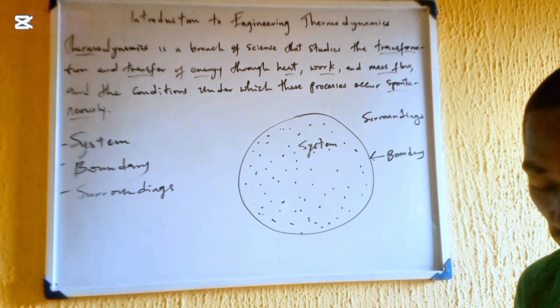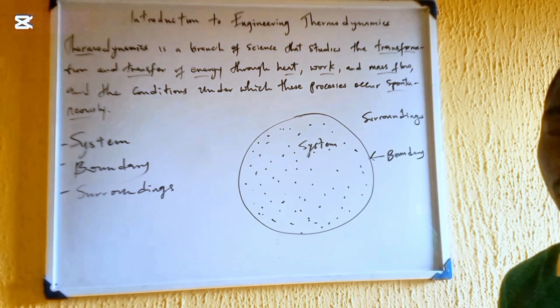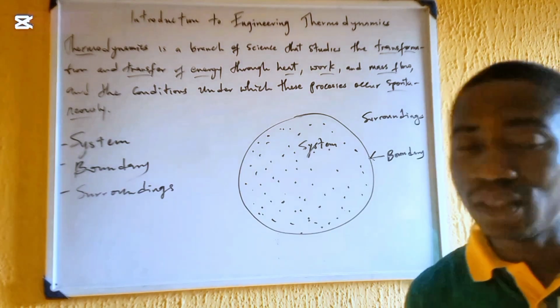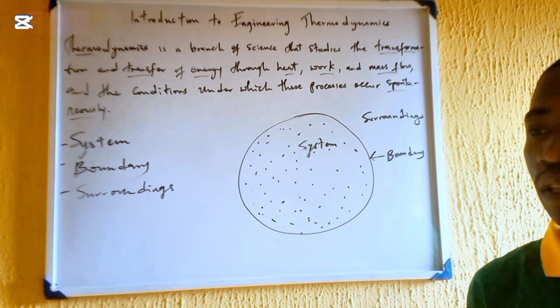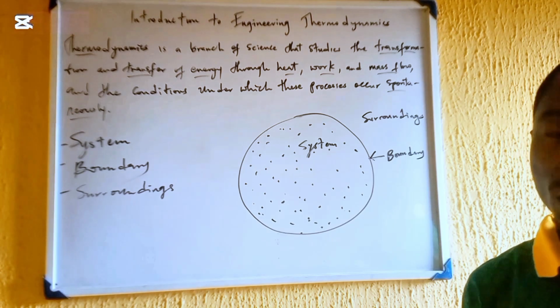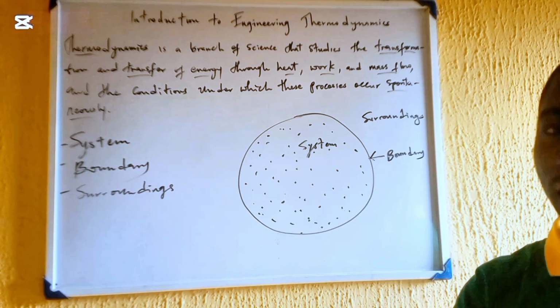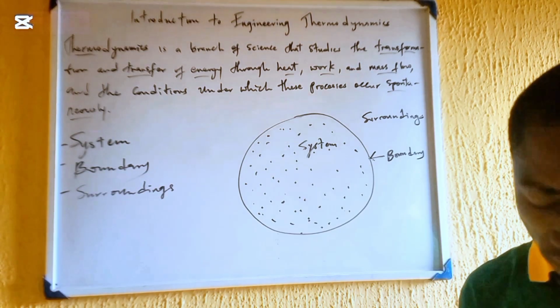A boundary is an actual or hypothetical surface enclosing the system. Actual means real. Then hypothetical means what? Imaginary. You get. So which means that this is not real. It's just for the essence of what? Analysis. But in reality, that boundary does not exist.